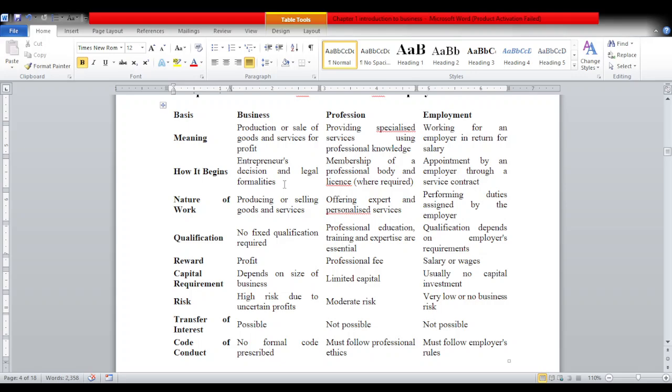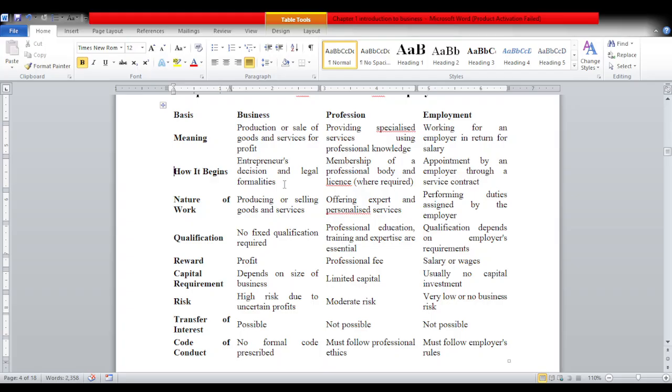As I told you, you have to follow the duties and responsibilities in a particular job description, job activities or employment options. You are bound to perform all the activities assigned by a particular employer in a particular organization. So this is the nature of work in a business, in a profession or in employment.